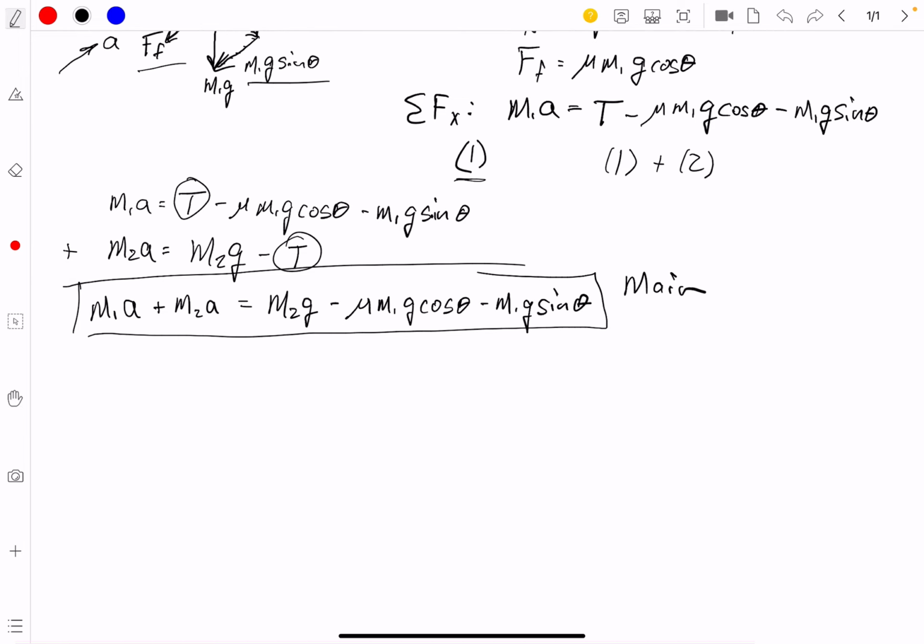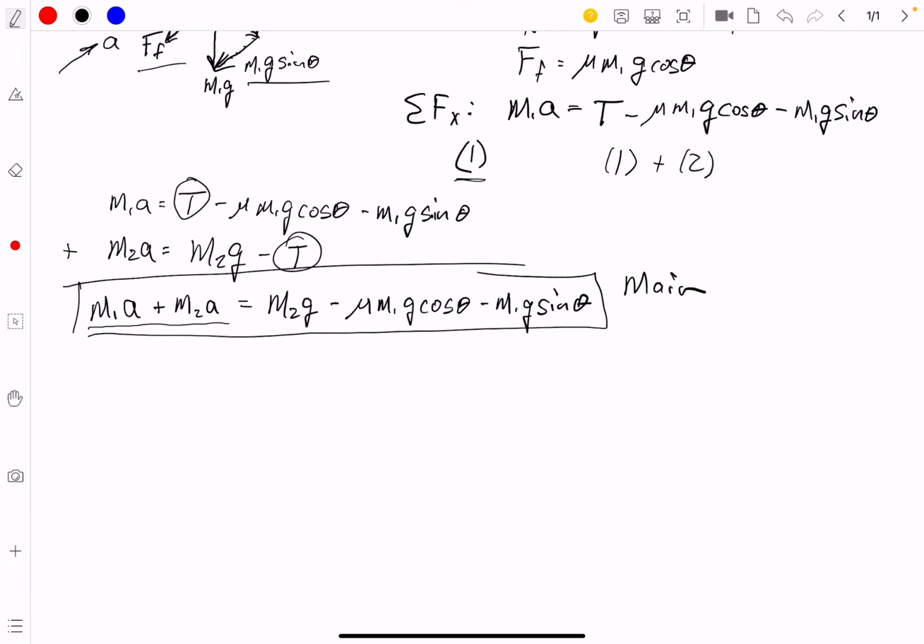Now, what is our question again? Well, what is m2 in this situation where a is equal to 0? Well, if a equals 0, these guys are going to go away.